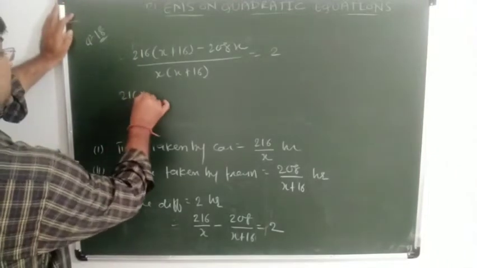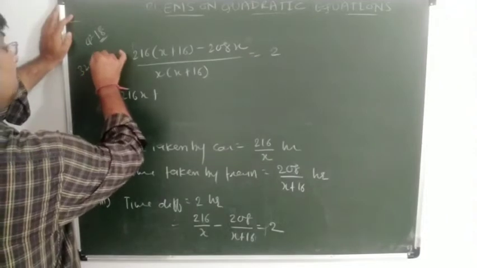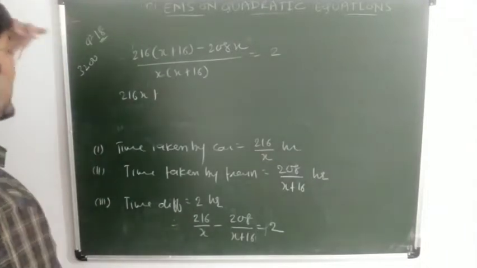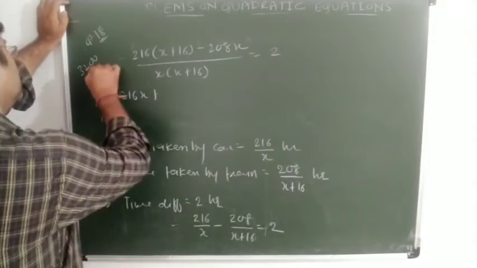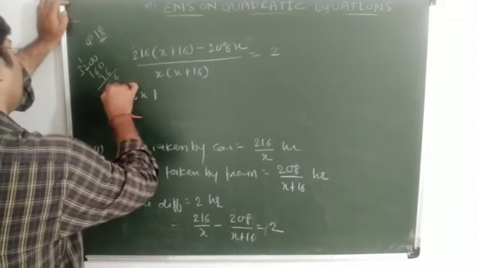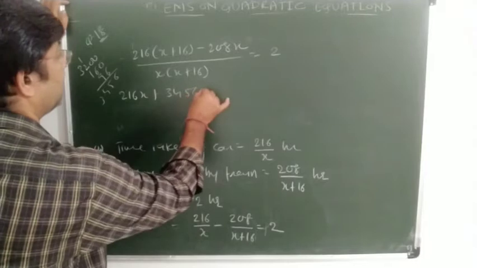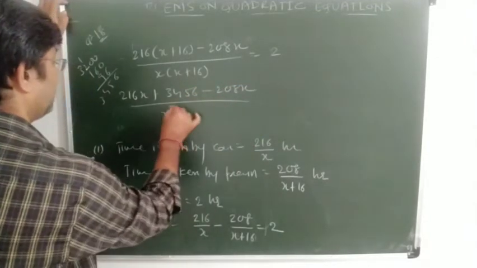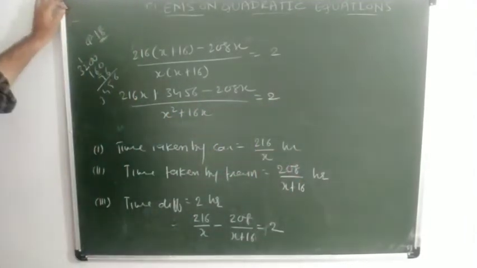So 216x plus 3456 minus 208x upon x square plus 16x is equal to 2.